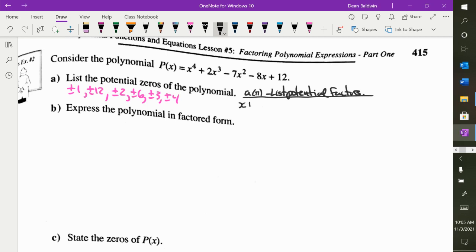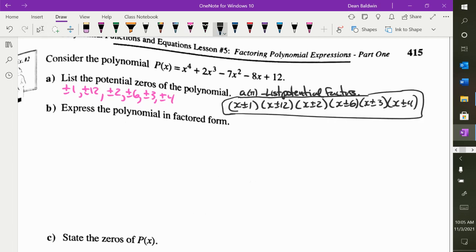So that's when you go x plus minus 1. I just made it up. So those are the potential factors. Of this group of 12 factors, there's actually 12 of them here because it's double, because it's plus or minus each one. You have to figure out which one actually is a factor.